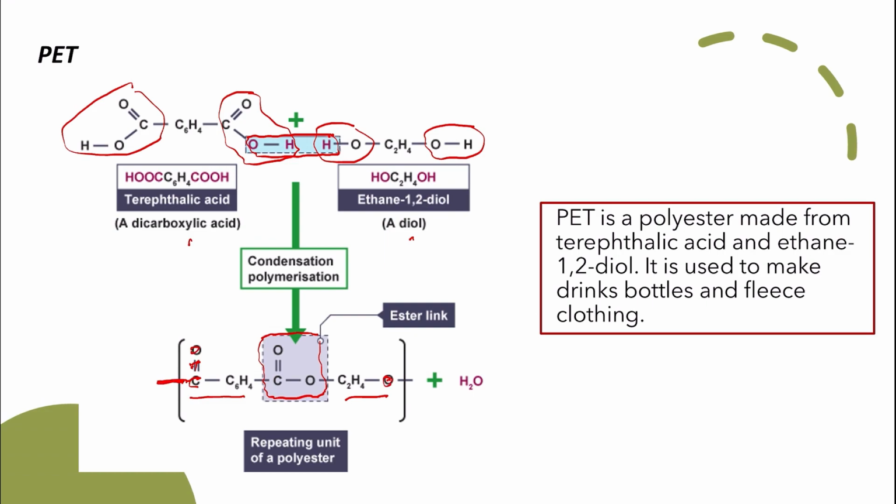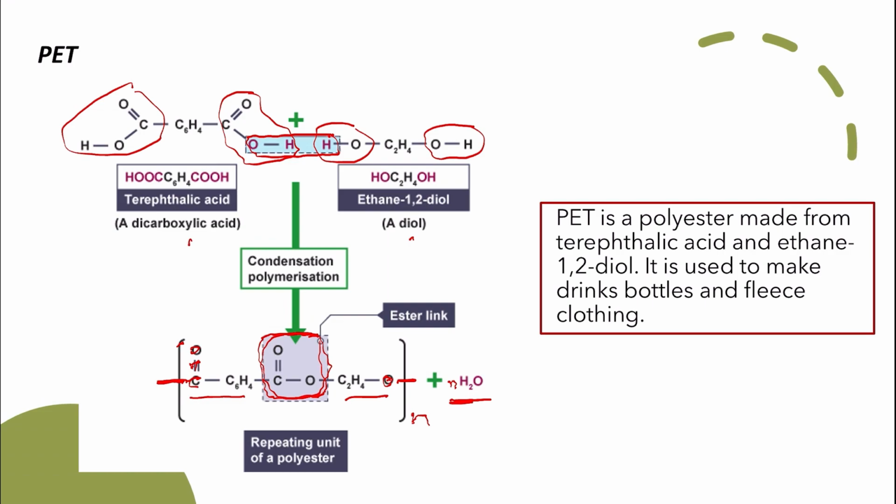So this is the new ester link between the two molecules, and then we're going to repeat the same units on both sides. When you draw the polymer of the condensation polymerization, remember again that you're going to do the same as the addition polymer, where you just draw one repeated unit, which is formed of the two different monomers. On one side, you leave the carbonyl group of the carboxylic acid and the link.